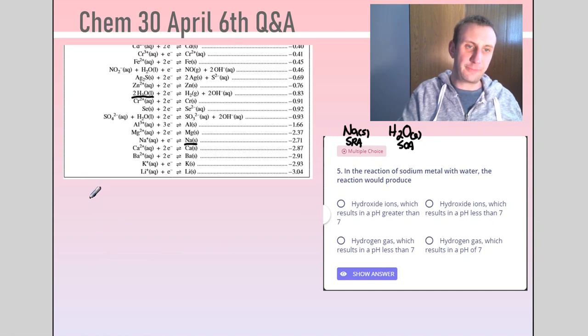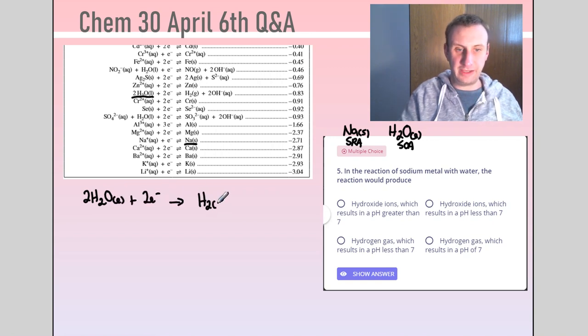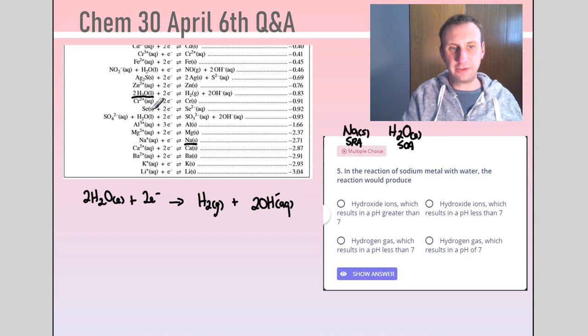So when I build this half reaction, I have 2 H2O liquid plus 2 electrons, gives me H2 gas and 2 hydroxides. So that is my reduction half reaction. And then for my oxidation, I have Na solid, reading this backwards, produces Na positive aqueous and an electron.